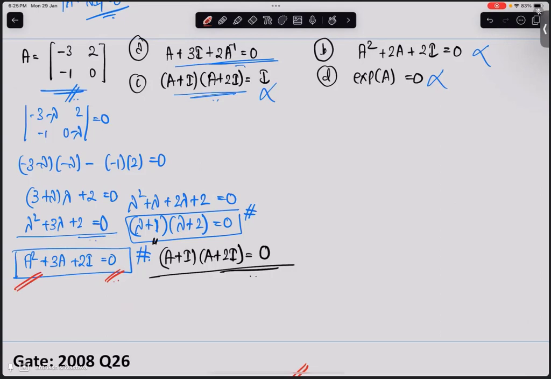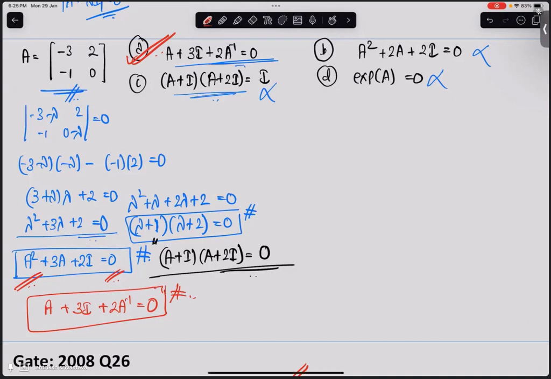So when you multiply A inverse with A square, one A will get cancelled and become identity. This will be A. Here it will become I, and here we will have 2A inverse, and then multiplication with 0 is 0. Now you see that you have the correct option A as arrived from this given equation, right?